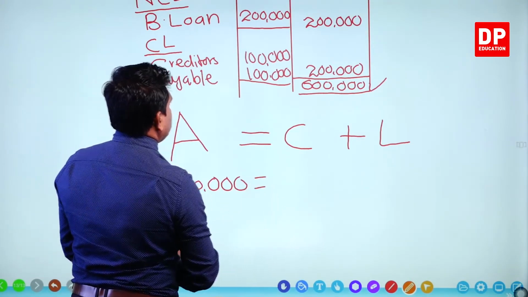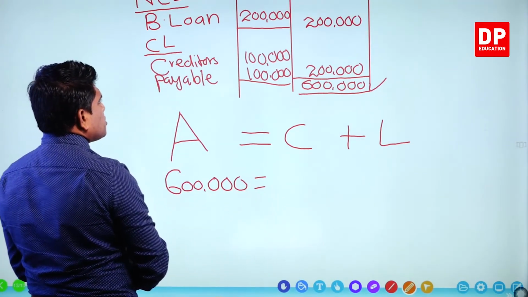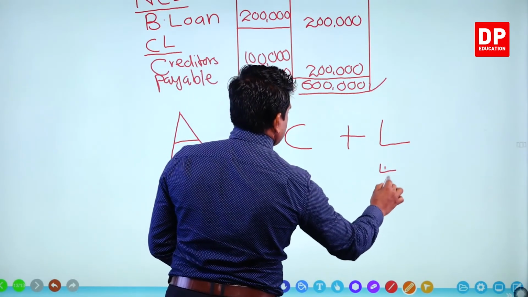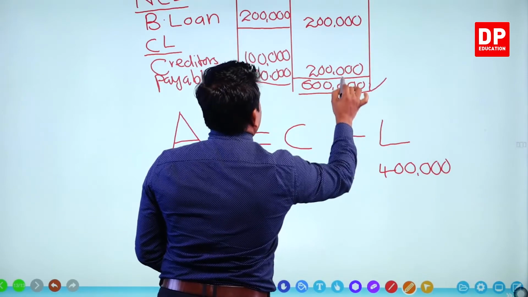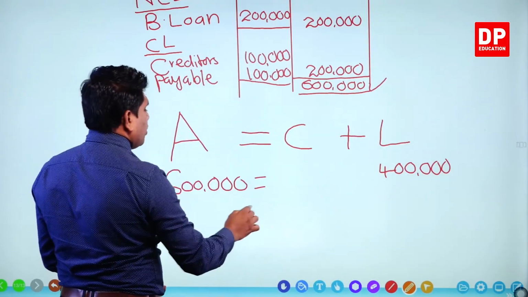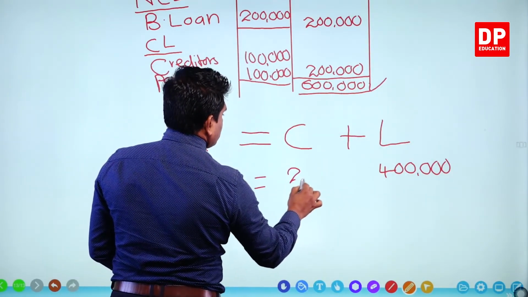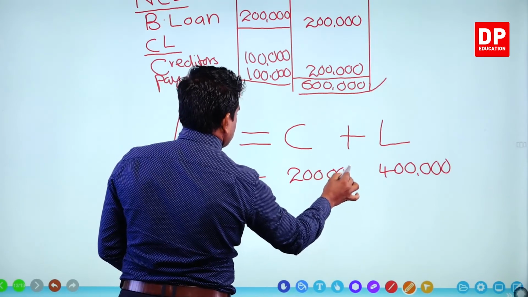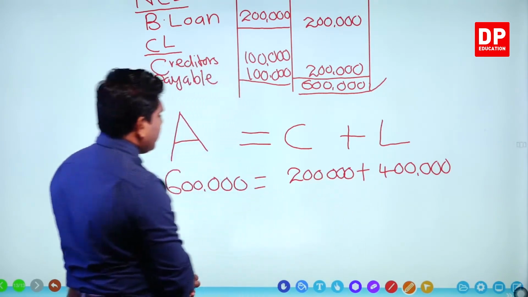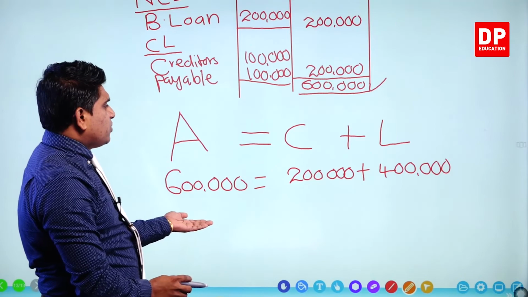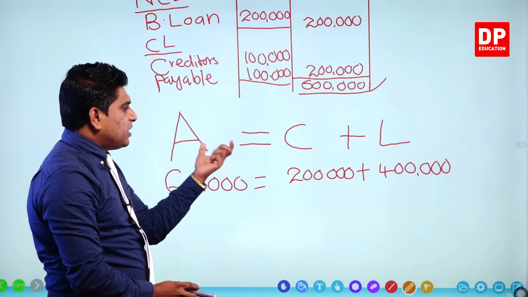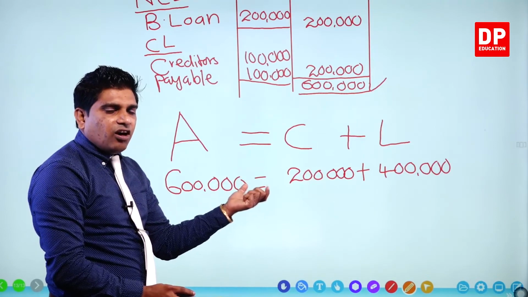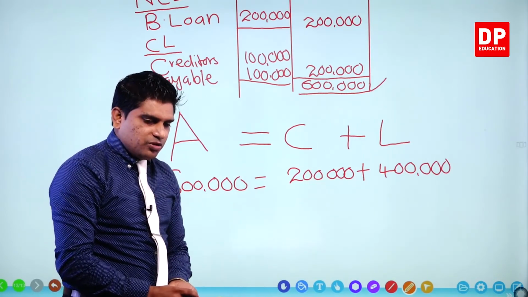Then liability how much? 400,000. Here, 200 and 200, 400. Then capital you got how much? 200,000. Assets 600,000, capital 200,000, liability 400,000. This is the basic theory of statement of financial position.